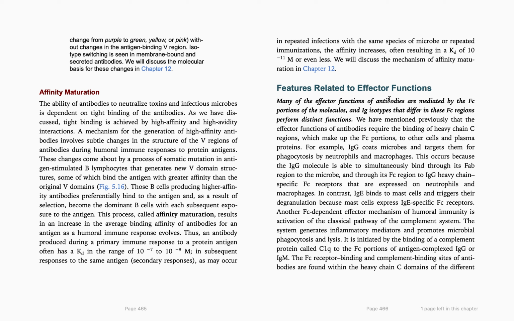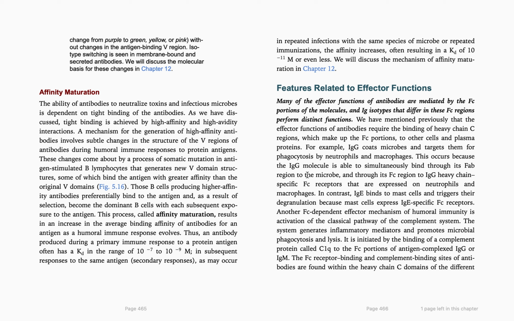Features related to the effector function. Many of the effector functions of antibody are mediated by the Fc portion of the molecule, and Ig isotypes that differ in this Fc region perform distinct functions. We have mentioned previously that effector functions of antibody require the binding of heavy chain C regions, which make up the Fc portion, to other cells and plasma proteins. For example, IgG coats microbes and targets them for phagocytosis by neutrophils and macrophages.